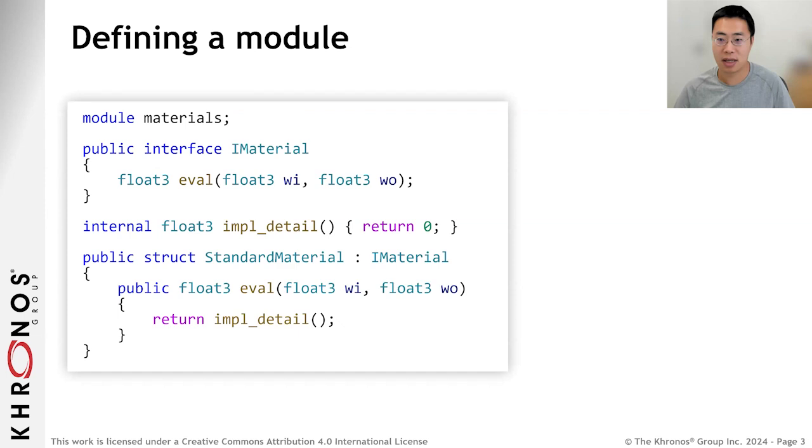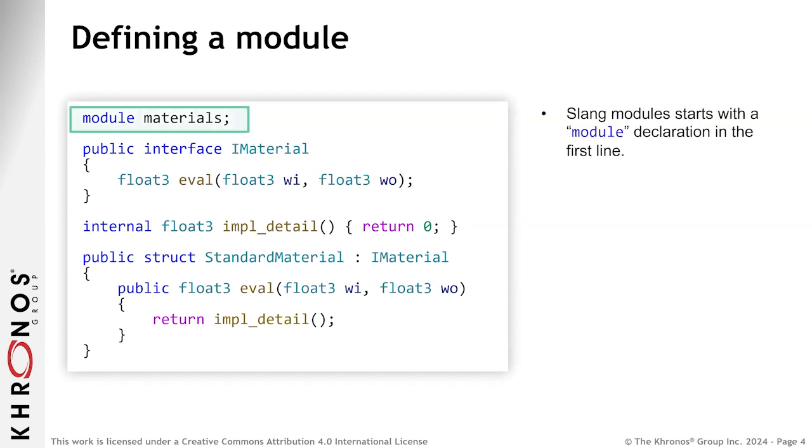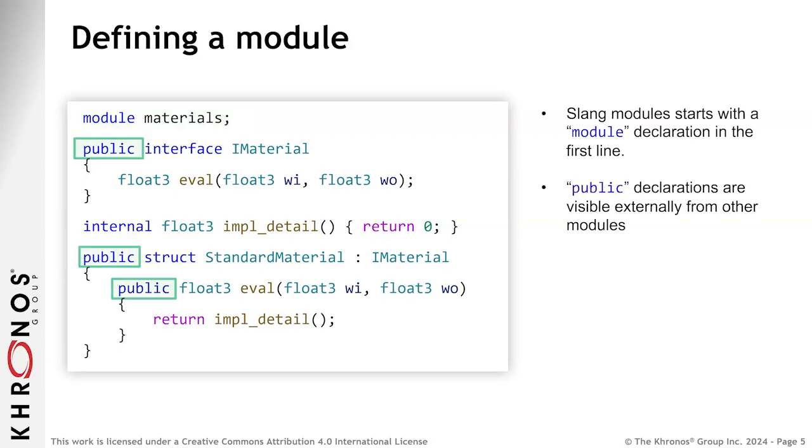And here's an example code showing how a module is defined in Slang. In this code, we define a module called materials. And by writing this module materials line, we are just stating that this file is part of the materials module. And we can use visibility modifiers similar to other languages.